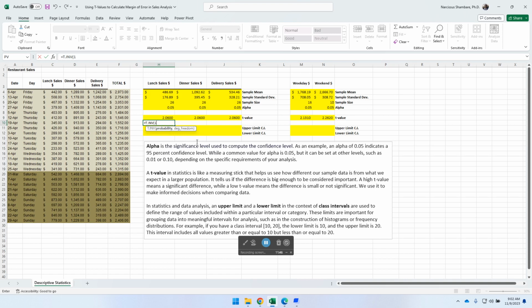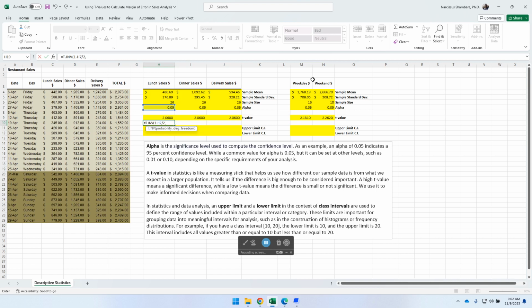So the probability is 1 minus, then I click on the alpha, divided by 2, because remember this is a one tail. As we looked up the values on the table, remember that we divided 0.05 by 2. So again, we do the same here.